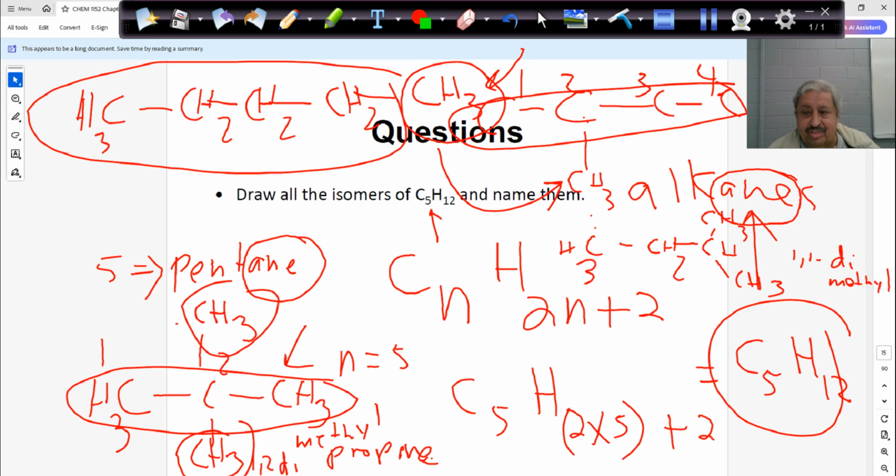There's still 3 carbons, the main skeleton, 3 carbons. But now the 2 methyl groups attach not to the second carbon, but to the first one, correct? So how many have we got now? 1, 2, 3, 4. So you might sit down with yourself and try to play around with this methyl group, moving it back and forth. Can I have another one?